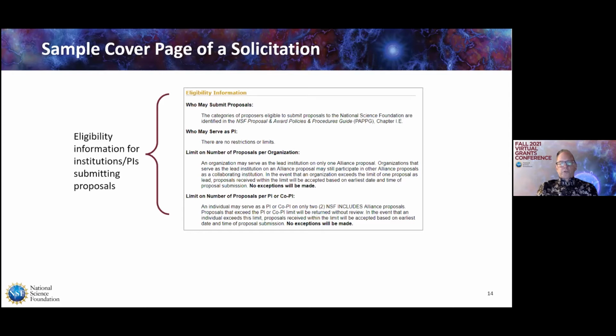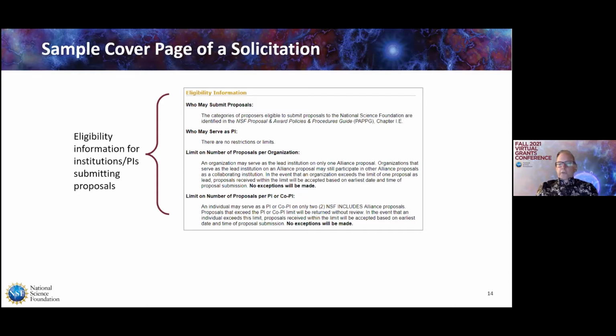So make sure you're aware of the submission limits per organization, if there are any, well before the submission deadline for a proposal, because there will have to be an internal competition at your organization if in fact the demand exceeds the limit that is listed here in the solicitation. And the limit on the number of proposals per PI or co-PI, as I mentioned.